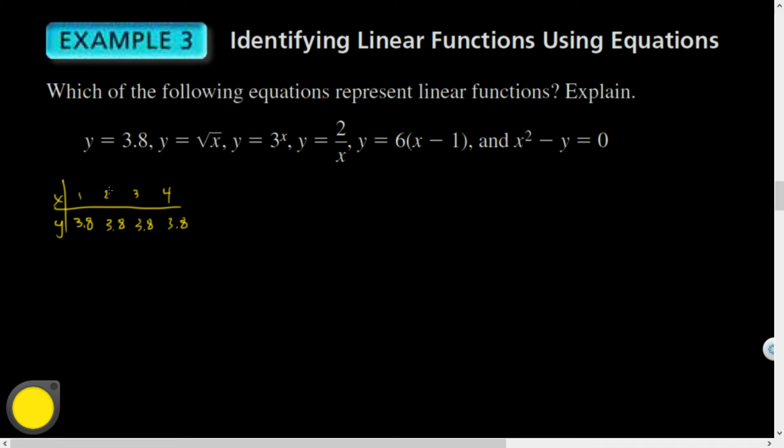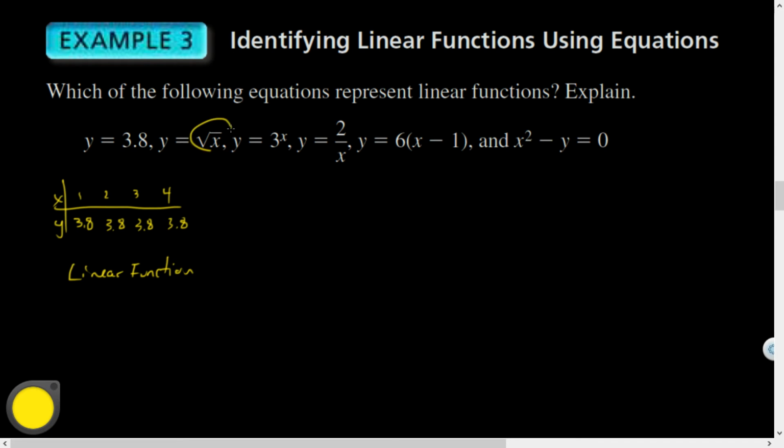As x goes up 1, y doesn't go up or down. Up 1, stay the same. Up 1, stay the same. Graphically, this would be a horizontal line that passes through 3.8 on the y-axis. This is a linear function. It's constantly the same.